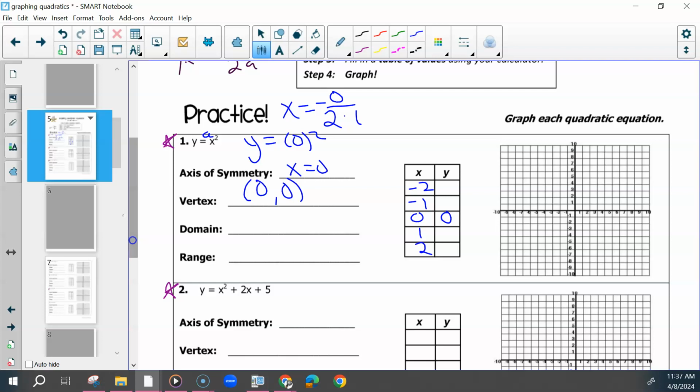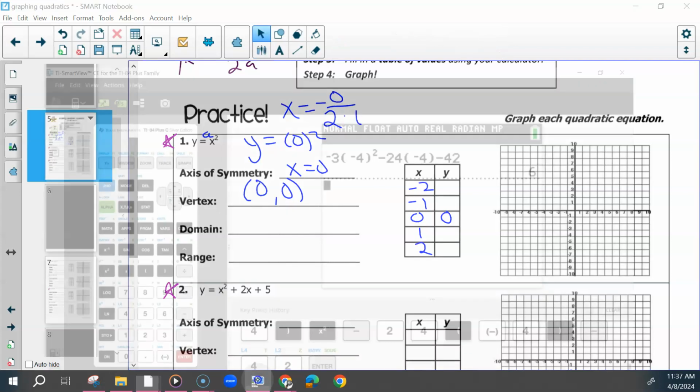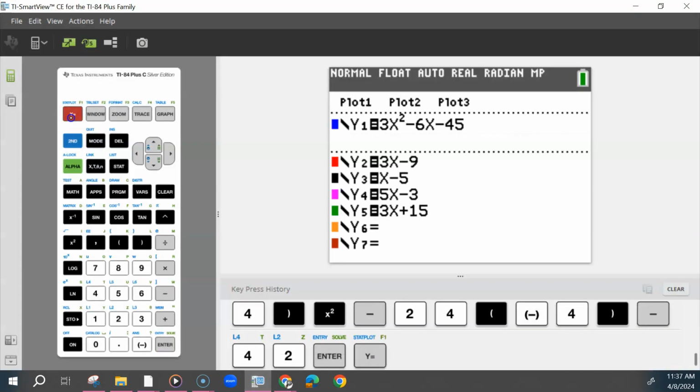And then to find your y values, you have a bunch of different choices. You could take each x value, put it into y to find each y value by hand in the calculator. Or you could use this. In the calculator, go to y equals and type in x squared.